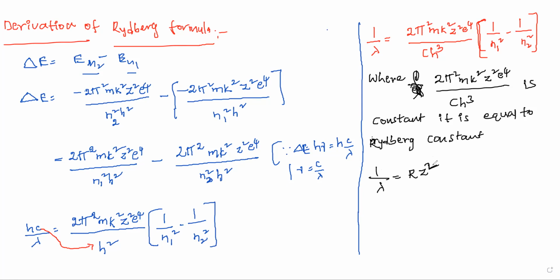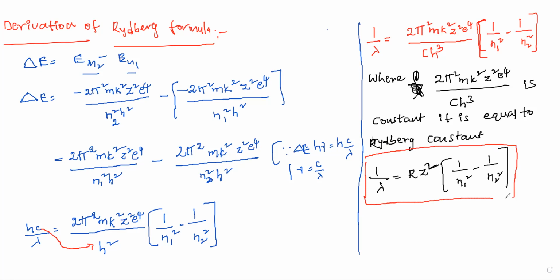Mostly z square will be 1 only. So 1 by lambda equals R z square into 1 by n1 square minus 1 by n2 square. Okay, this is R. This is the Rydberg formula.